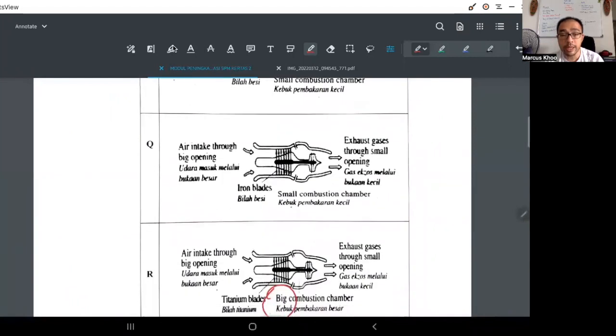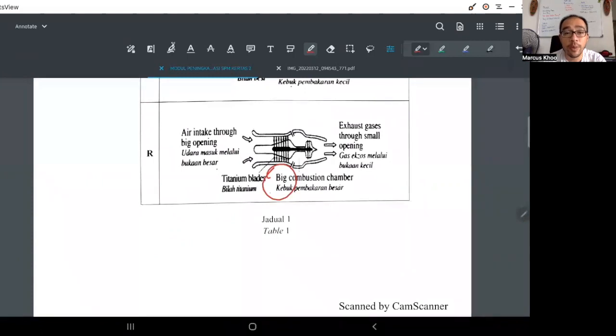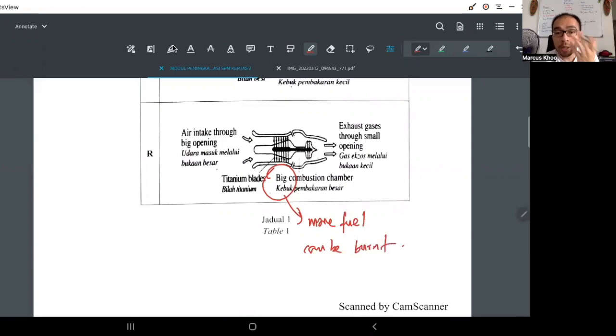Oh, terus tiada pilihan sudah ini. We want a big combustion chamber so that more fuel can be burnt. The word combustion, kalau kau tengok dalam bahasa Melayu, is pembakaran. Apa yang dibakar? Bahan api yang dibakar, which is kita punya minyak lah, petrol or diesel. Itu yang kena bakar.